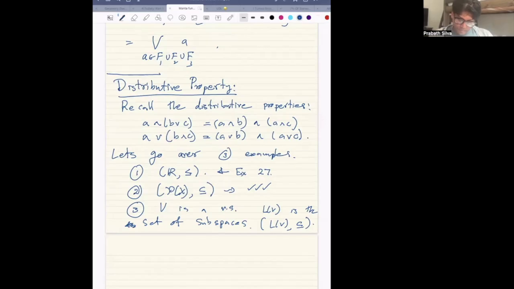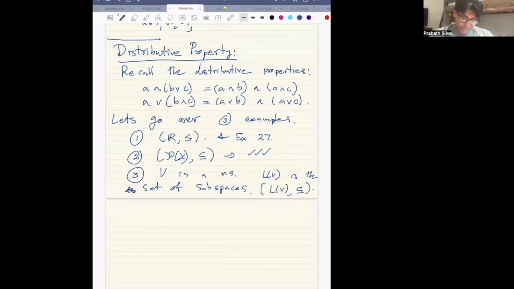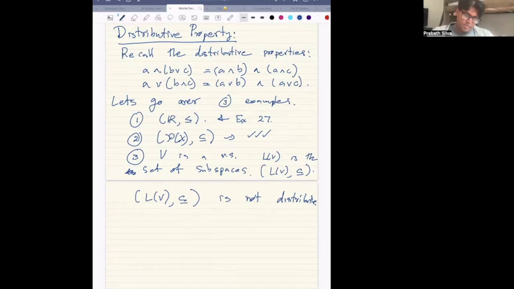And this one is not distributive. So this is the big problem. Oh, not problem, but this is the dividing point of actually classical and quantum mechanics. We'll get there.